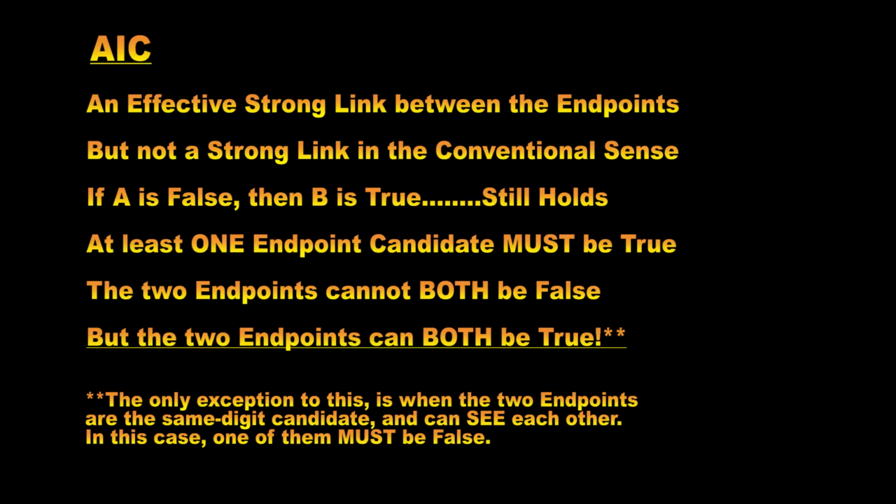Now, of course, with this so-called effective strong link between the 2 endpoints, the formal definition of a strong link still holds. If A is false, then B is true.